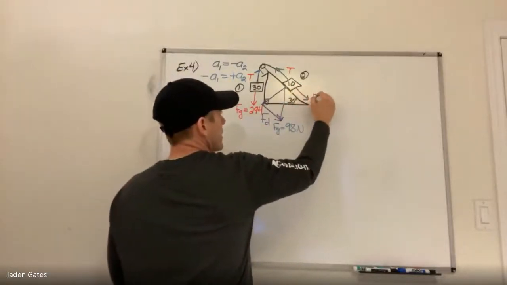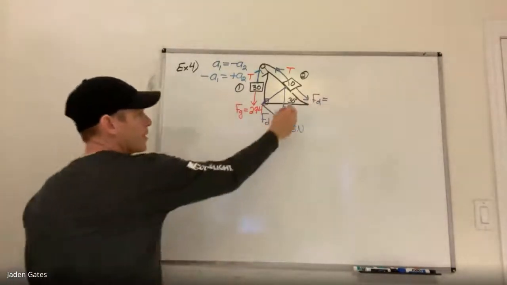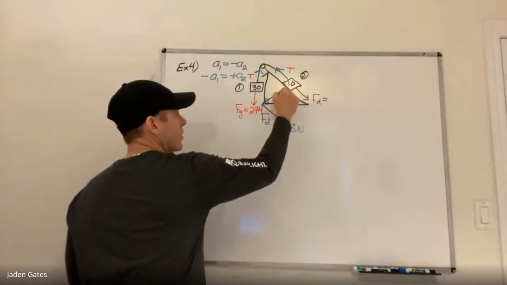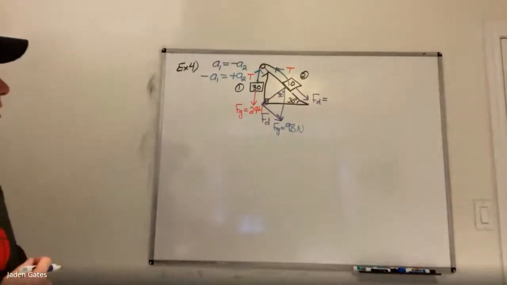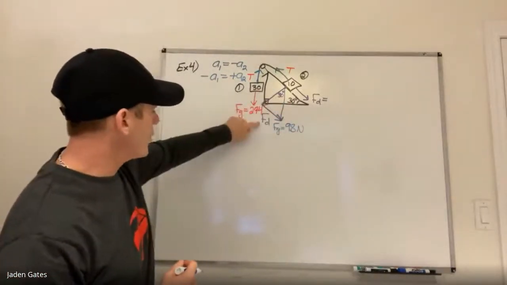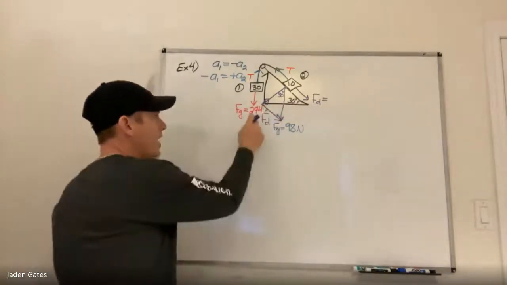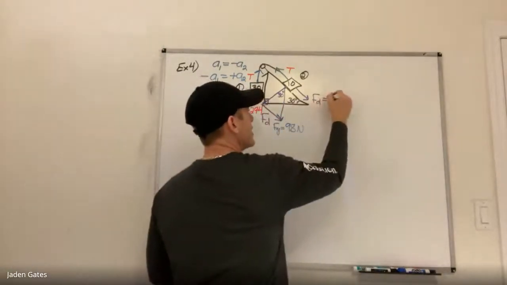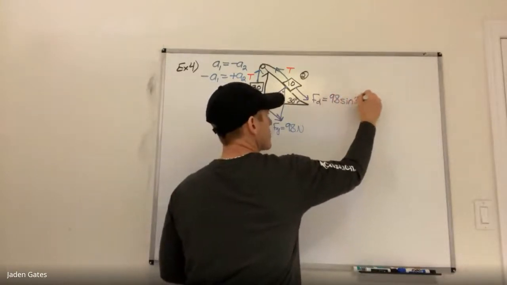That's our Fd. And again, a little trigonometry. If I have a 30-degree angle in here, there is a 30-degree angle right here. We have our hypotenuse here, it's 98 newtons. And so we're looking for the opposite. Our Fd is going to be 98 times sine 30 degrees.